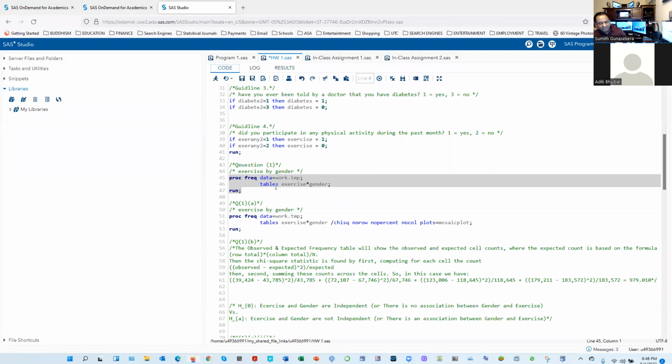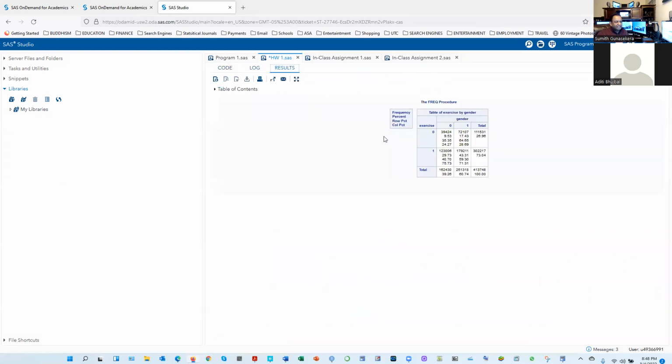If you put this exercise based on the gender, how are you going to explain this one?